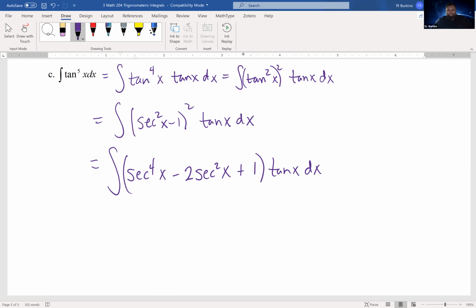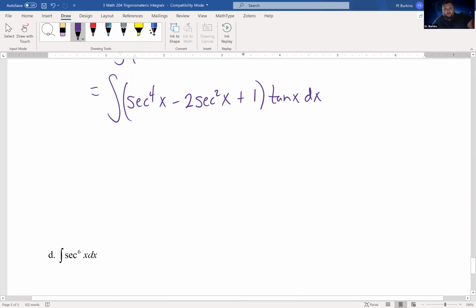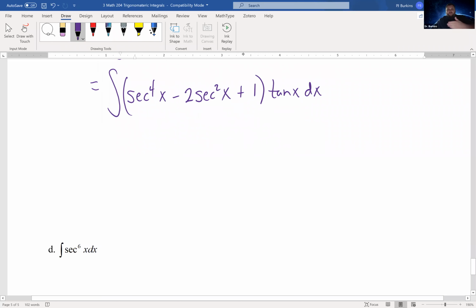All right. Then I'm going to go ahead and break this into 3 separate integrals and treat each one.